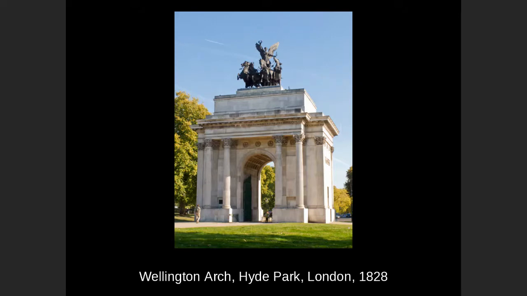But scattered throughout are more human interventions. This is the Wellington Arch, celebrating the great victory by Wellington over Napoleon in 1812 or whatever at Waterloo, and this is added in 1828, and it's a triumphal arch.